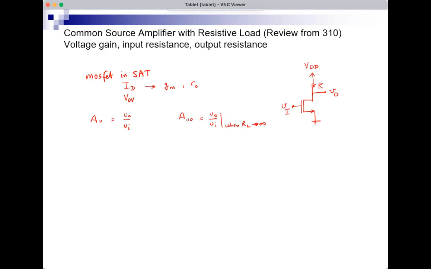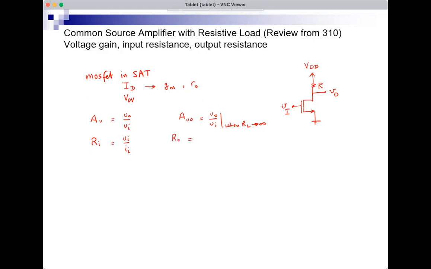Here in the circuit, there's no load. So when we calculate AV, this will be AVO. And the second quantity is the input resistance, Ri, which is defined as the input voltage divided by the input current. And the third quantity is RO.